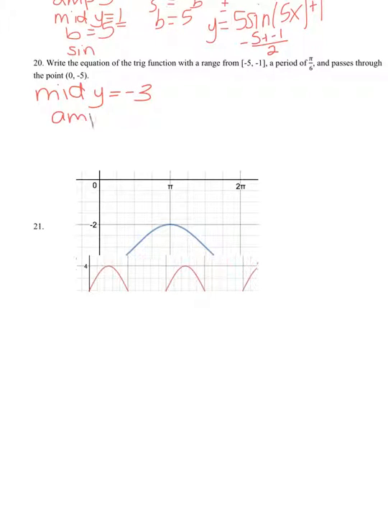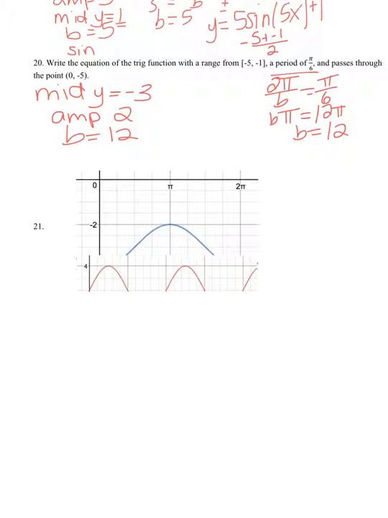Then for my amplitude, if I'm at -3, I have to go down 2 to get to -5 and up 2 to get to -1. So that means that my amplitude is going to be 2. The period is pi over 6. So 2 pi over b is equal to pi over 6. This tells me that b pi is equal to 12 pi. So b is equal to 12.